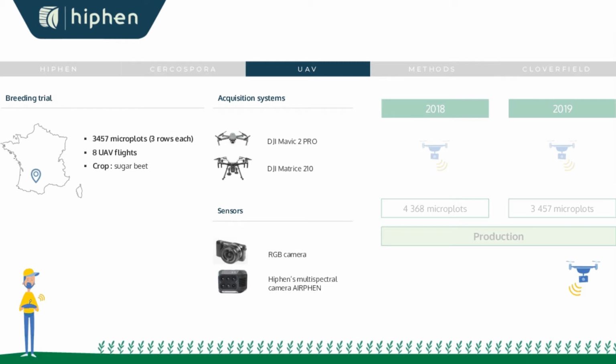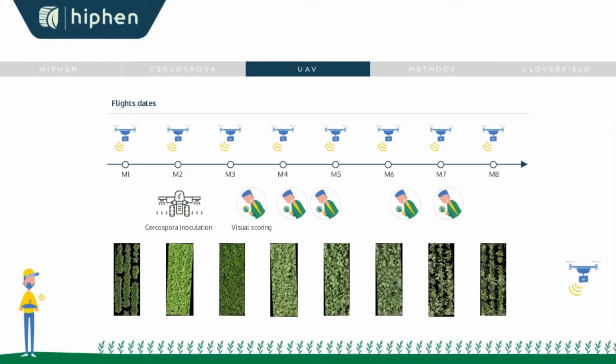If we focus now on the production part of the full program, 2018 and 2019, we went in the trial with the drones and acquired a lot of data, and here we will be talking purely about this part of the project. How does it work? We run 8 flights in the trial.